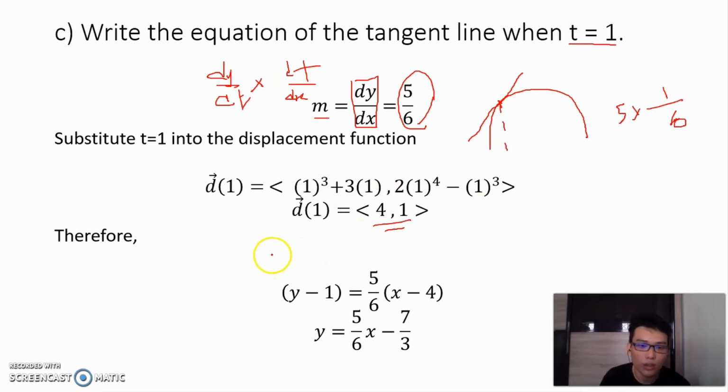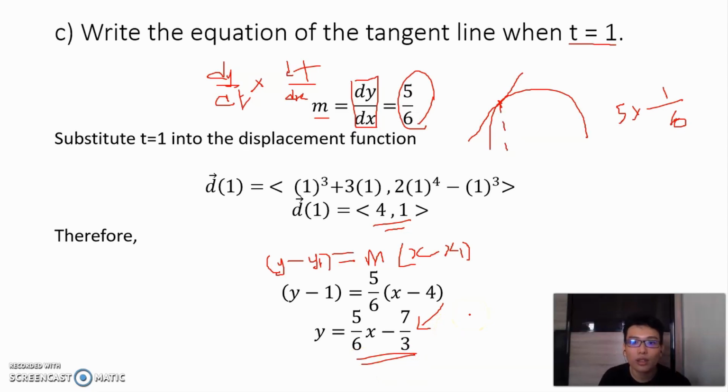Then by using the equation y minus y1 equals m times x minus x1, where y1 is 1, x1 is 4, and m is 5 over 6, you substitute everything and do some math and you get something like this. Okay, and that's it for me. The rest I'll leave it to Mr.